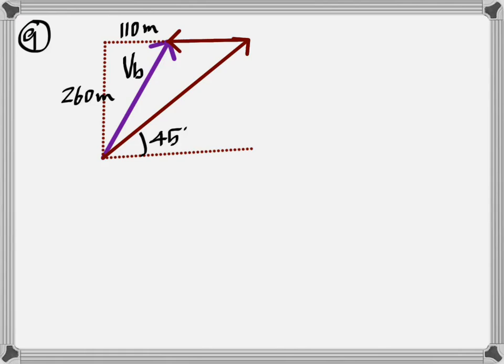Okay, but we do not know the angle at which it's going to end up. Now, the symbols, what do they stand for? Velocity of the boat with respect to the water. That's the actual velocity, isn't it? But velocity of the boat with respect to the shore will be the combined velocity, the resultant. And the other vector, I'm sure I wrote it, is velocity of the water with respect to the shore. Everybody with me? Water with respect to the shore.